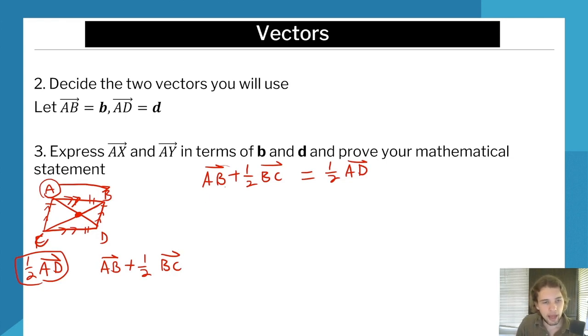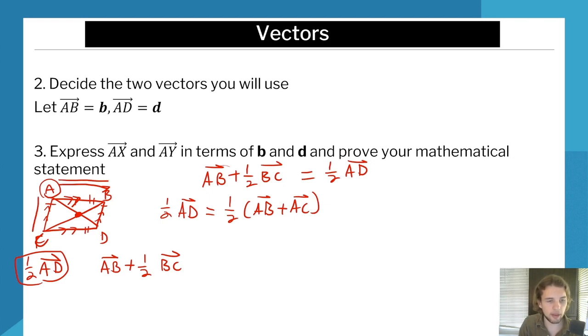So let's put A to D in terms of A to B and A to C. So half A to D equals half A to B plus A to C. And that's because we can move this amount this way and that amount that way, and then we'd end up at D.